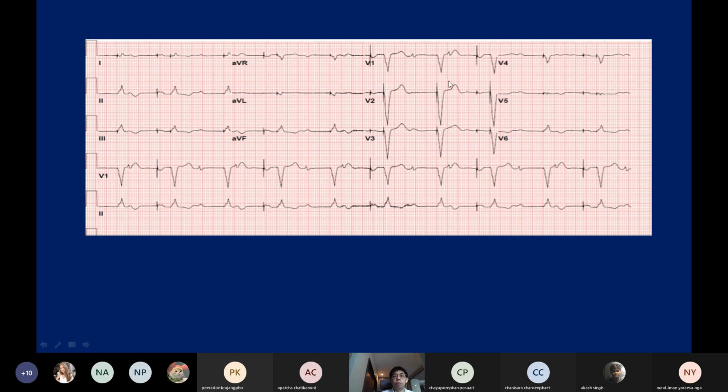But the difference between this ECG and the last ECG I've shown you is that there is no tracking of the P wave and QRS. The PR segment is not constant. You can see that this PR is short, but this PR is not constant. So the ventricle is not tracking the atrium.